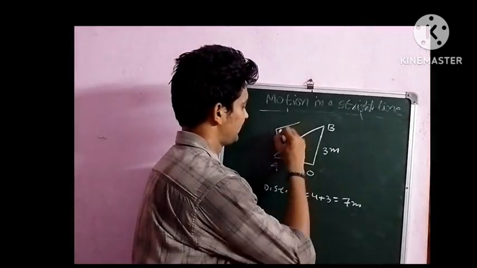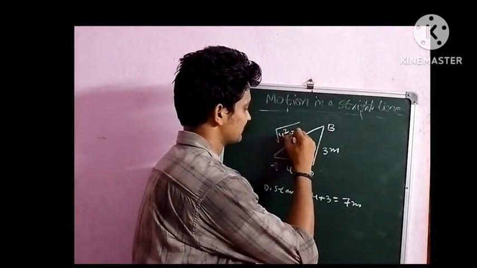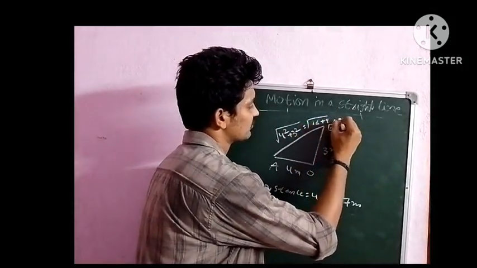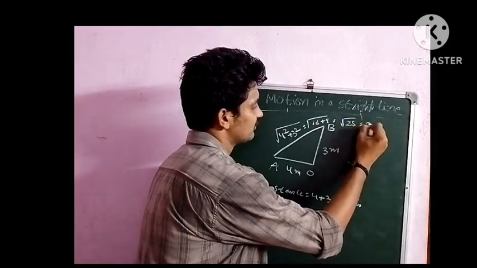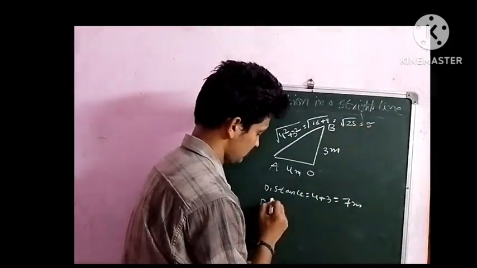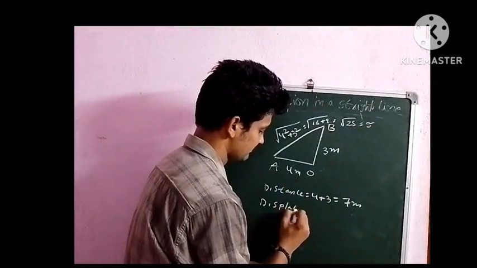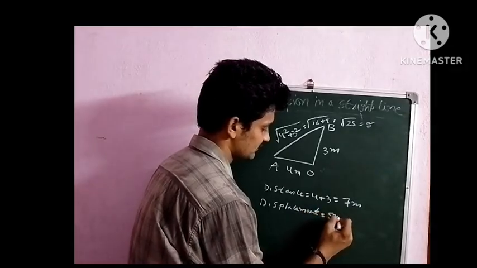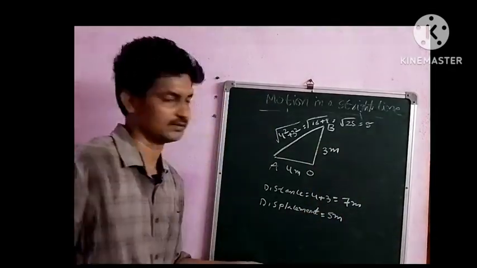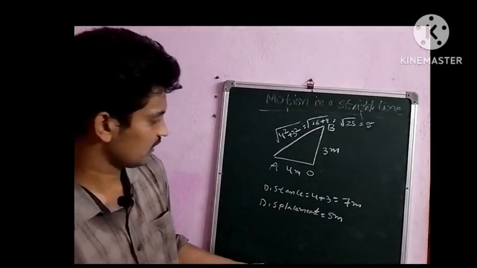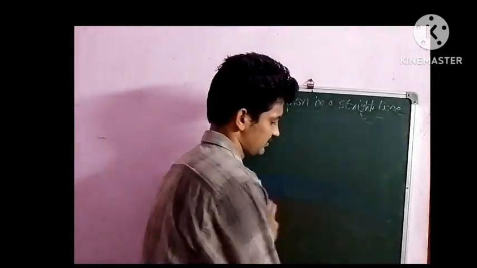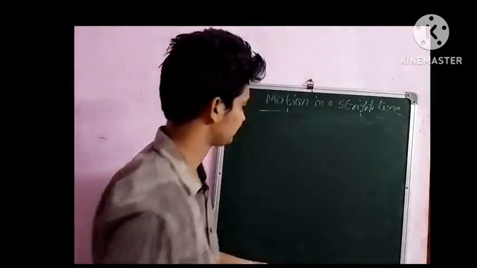Pythagoras theorem we apply. 4 square plus 3 square is equal to 16 plus 9, equal to root over 25, equal to 5. So the displacement is 5 meters. This is displacement and distance. And we take one more example.